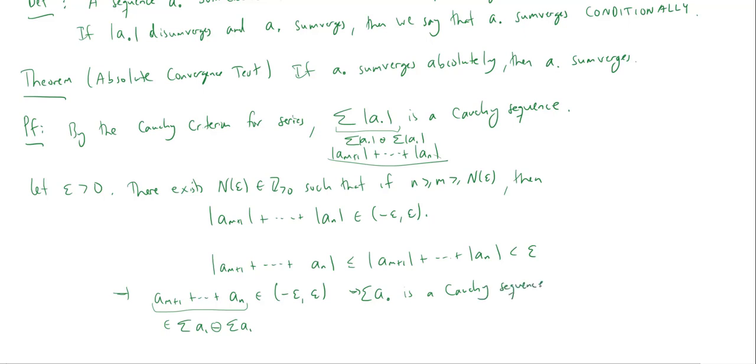Because we've now shown, for the exact same tail, every term in the 2D difference of the sum sequence is in the zero coin of radius epsilon.